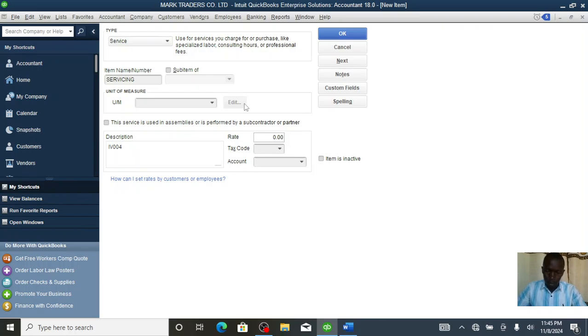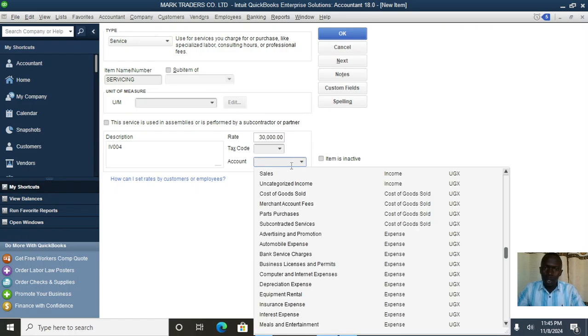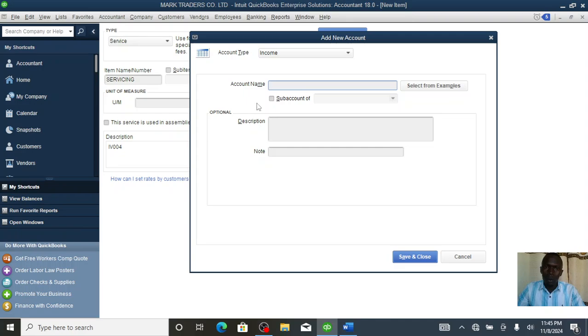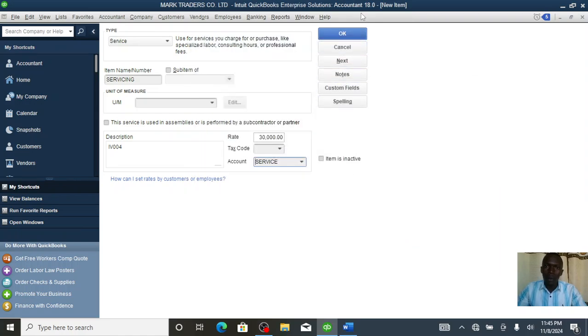The rate, our rate is 30,000. Account is under what we add new. We are going to name it service. We save and close, then OK.